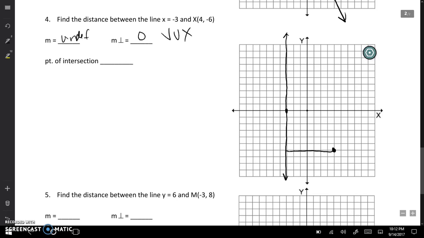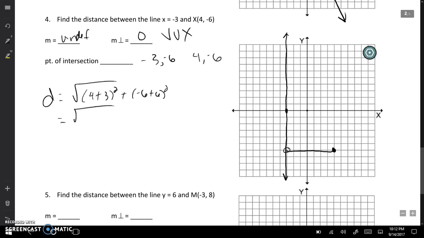Okay. Well, now the point of intersection is right here. That is, what is it? Negative 3, comma negative 6. And then 4, negative 6. We find that distance. The distance is the square root of 4 plus 3 squared plus negative 6 plus 6 squared. So that's the square root of 7 squared plus 0 squared.